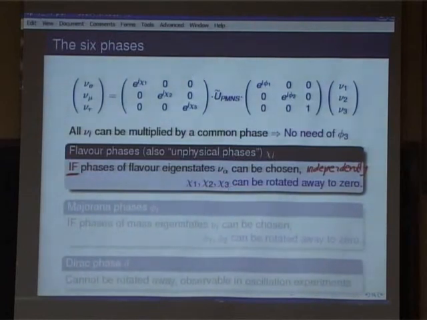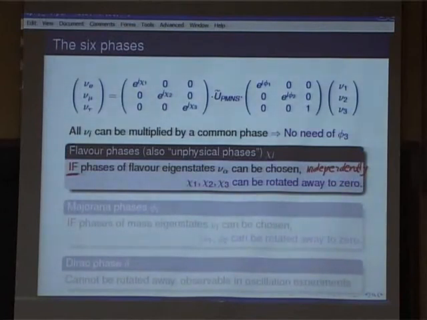Therefore, what I call flavor phases are often called unphysical phases. If you only look at neutrino oscillations, they will not matter. In fact, if you only look at any neutrino experiment at low energy, they will not matter. So in principle they are irrelevant, and therefore they are often called unphysical phases.